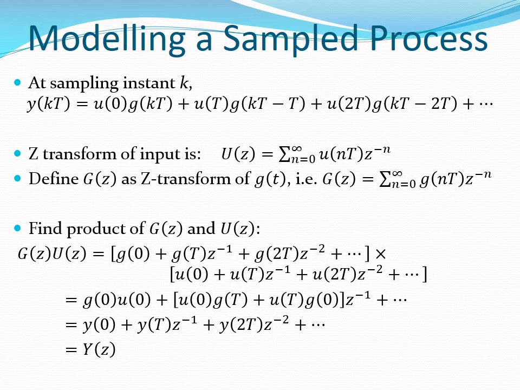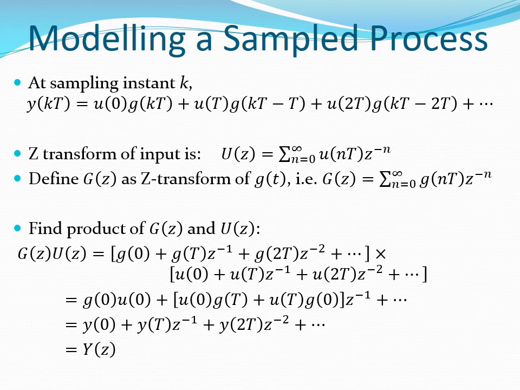The output at sampling instant k is given by the expression shown. We have substituted for t in the continuous output expression using kT. The Z transform of the input is given by U(z) equals a summation for n equals 0 to infinity of u(nT) z to the minus n.